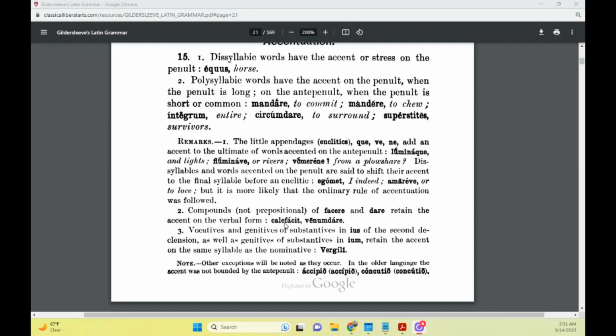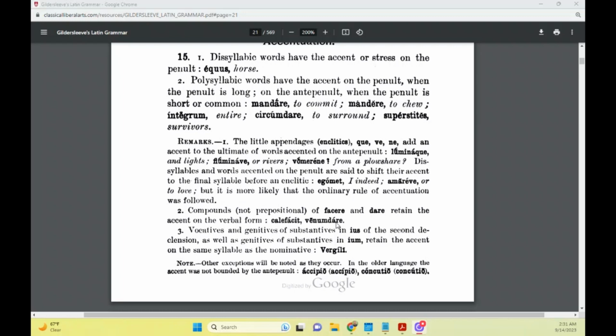All we need to see is that we have the verb facit, which would be accented on the first syllable because it's a 2-syllable word. And we've got this other word joined to it to make it a compound verb, but we don't accent that word that's joined. We simply retain the accent of the verb itself. So calefacit.